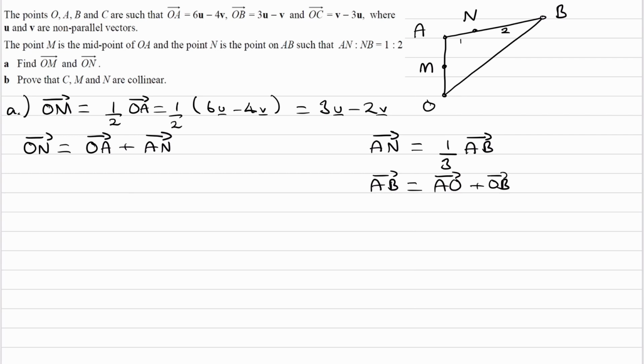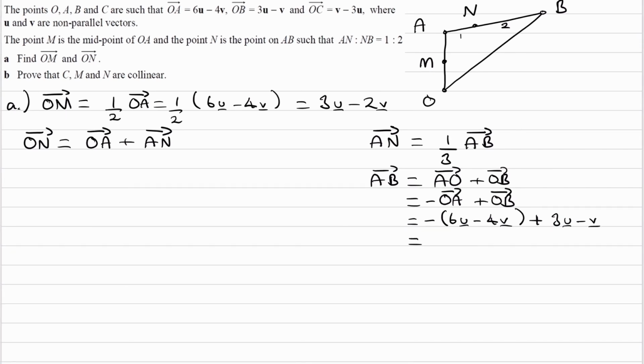So we go in this direction around from A to B. We have OA and OB, so we can rewrite this as negative OA, and then add OB afterwards, which we also have. So replacing these, it's minus 6u minus 4v plus OB, which is plus 3u minus v.